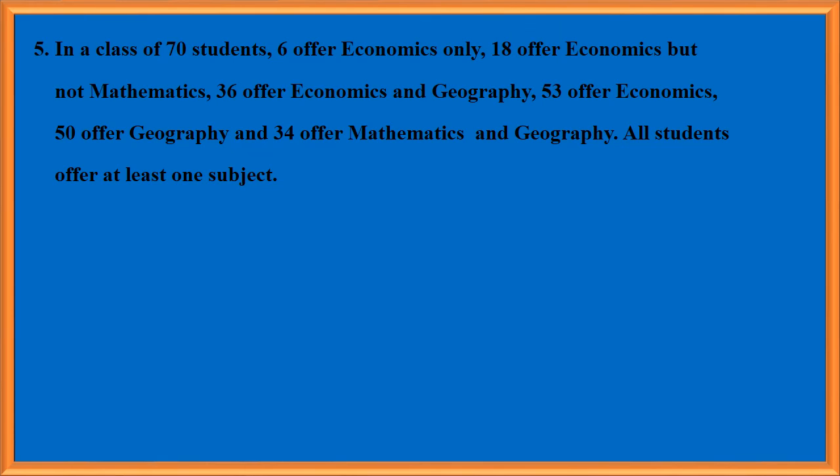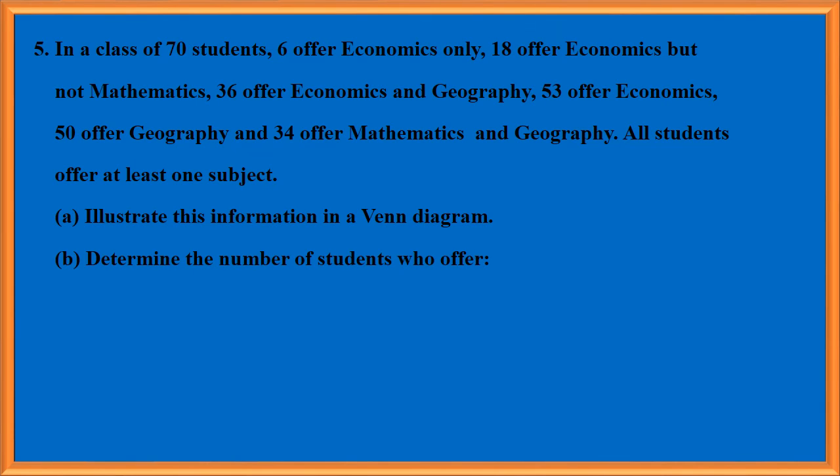All students offer at least one of the three subjects. So extracting the information, we should first of all illustrate the information on a Venn diagram. Then we should determine the number of students who offer mathematics and geography but not economics.